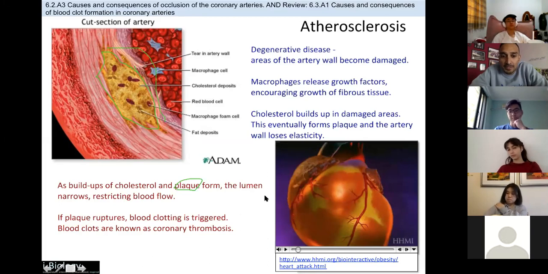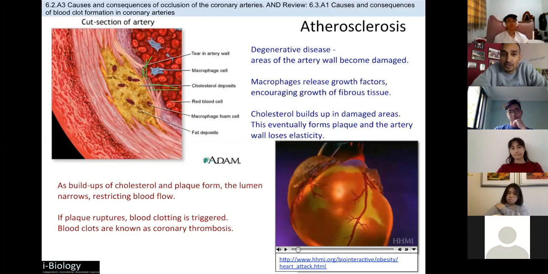The problem that happens is if this part bursts out, if this part breaks open, what you're going to be dealing with is something that your body is supposed to do, which is clotting of blood.